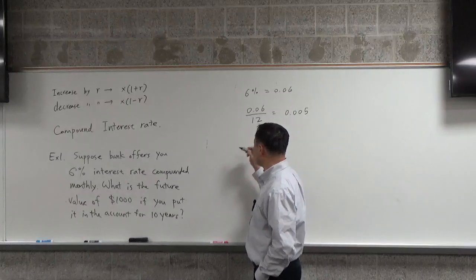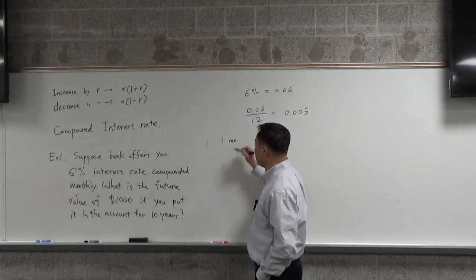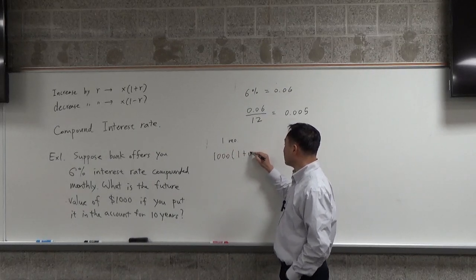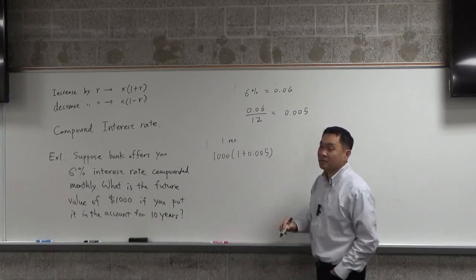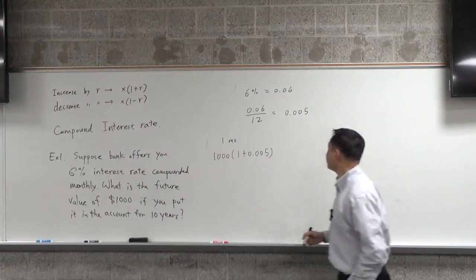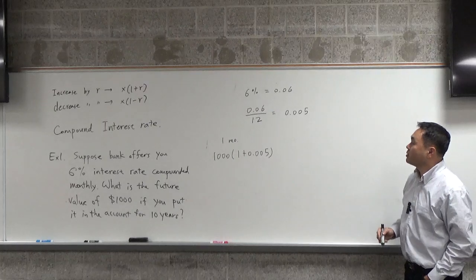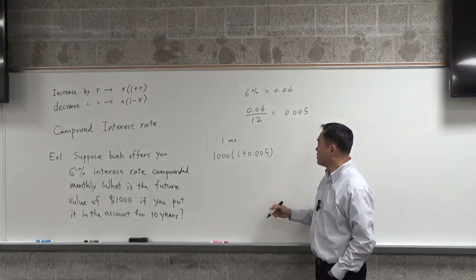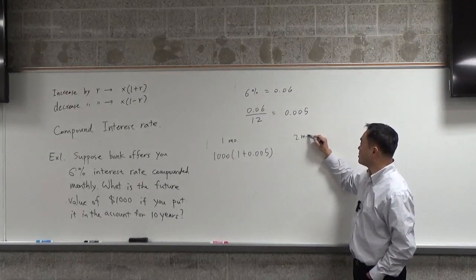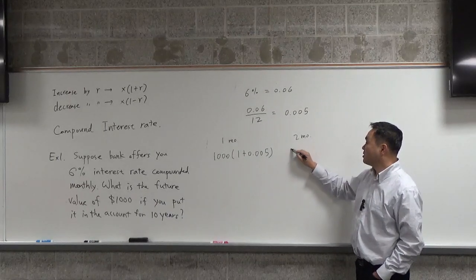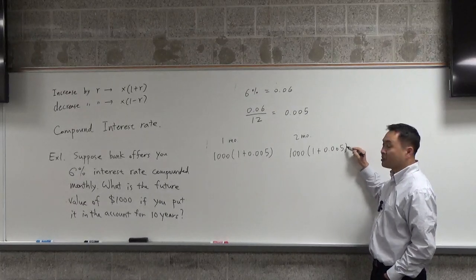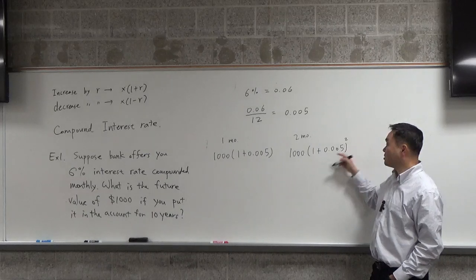So what it's going to be is after 1 month, your $1,000 will increase by 1 plus 0.005, because we're just talking about that, right? 1 plus the rate. Okay, and that's going to be some value. Let's not think about the actual value for now. So 2 months, what's going to happen? It'll be 1,000 times 1 plus 0.005 applied twice. This is multiplied twice.